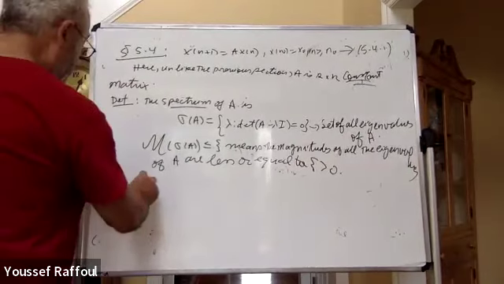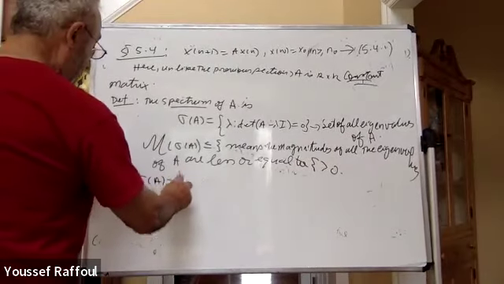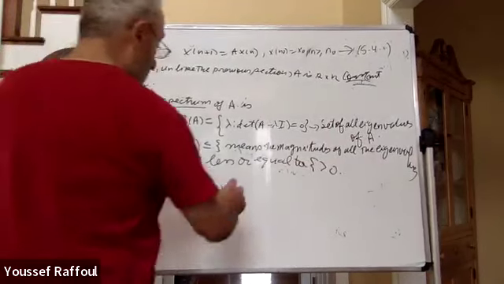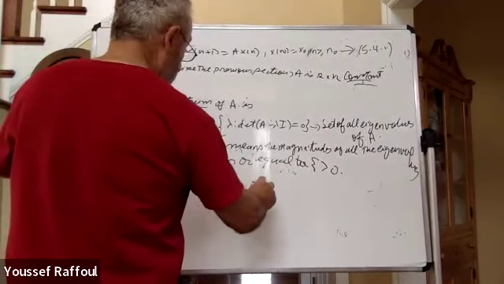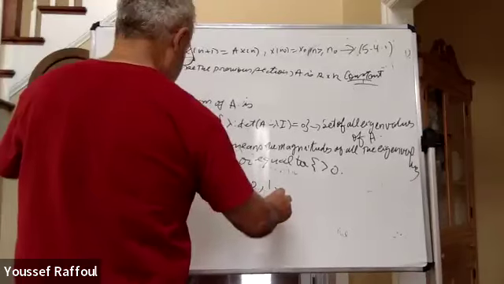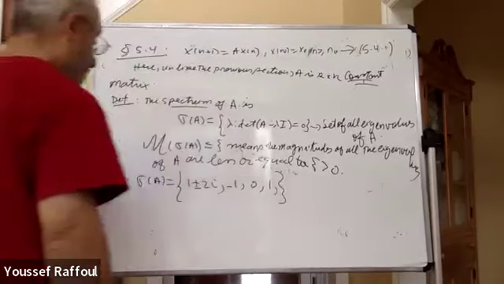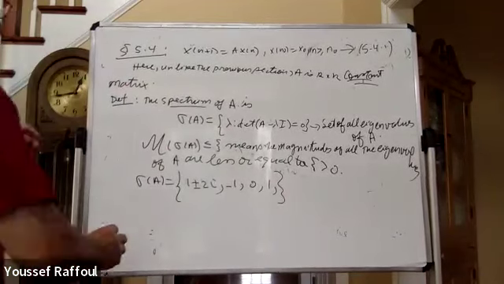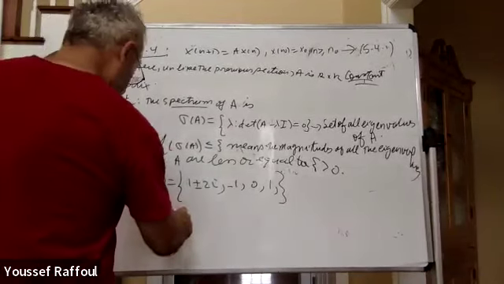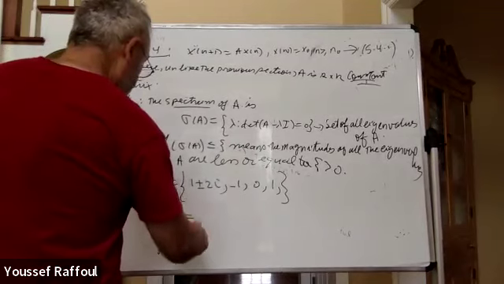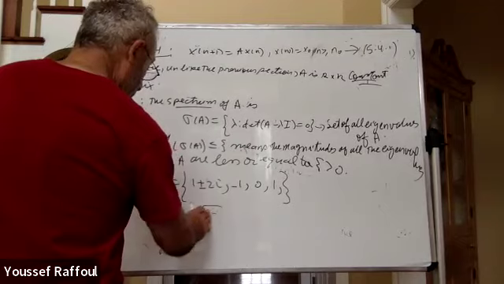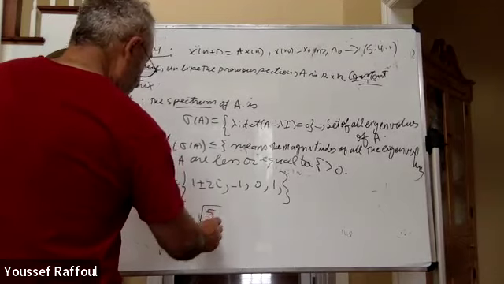So basically, if sigma(A) equals {1 plus minus 2i, minus 1, 0, 1}, then I claim that C is the square root of 5. Why?